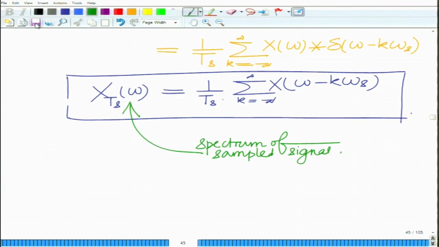This is the spectrum of the sampled signal, and you can see this is basically shifting and adding. What you are doing is shifting X of omega by each integral multiple of omega s: X of omega minus omega s, X of omega minus 2 omega s.